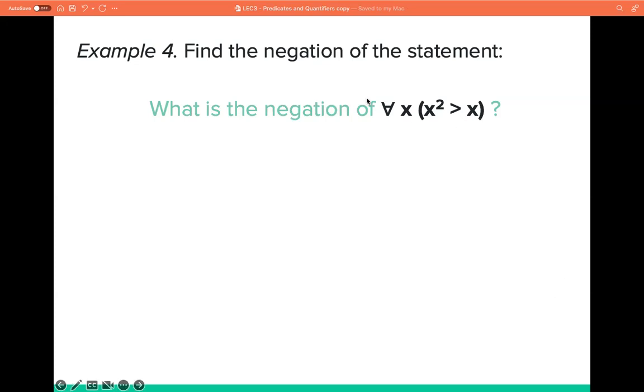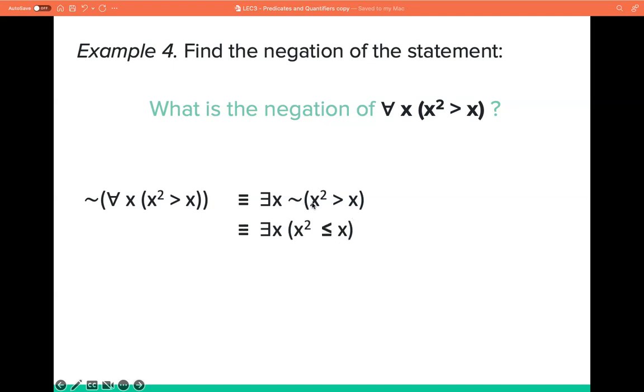Okay, let's have some more examples. We have the statement for all x such that x squared is greater than x. What will be the negation of this statement? We apply negation to the universal quantifier. So this will be equivalent to there exists x such that not of x squared is greater than x. Note that we are simply negating the property of x.